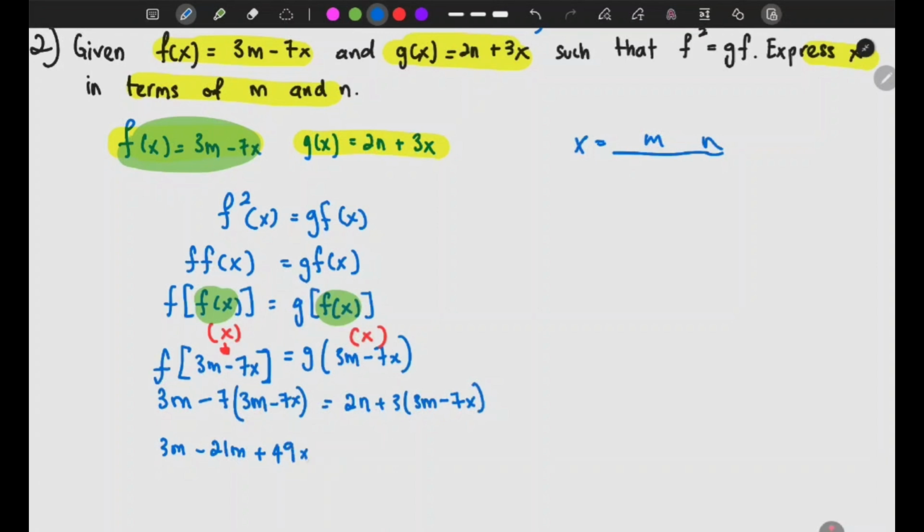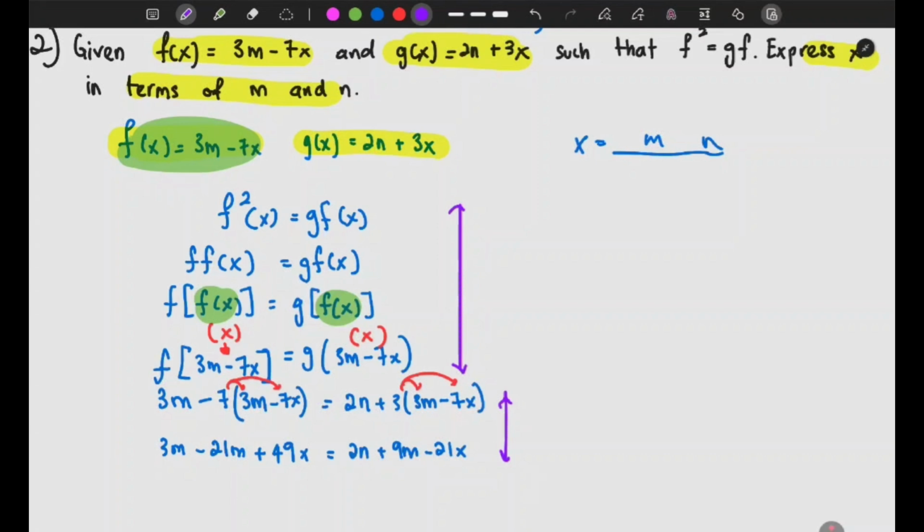You just need to multiply, just your normal mathematics after this. Did you realize from this point, only this part is your Add Maths? And after this is just your simple, basic mathematics which you learned in lower secondary. And after this, you want to express x, isn't it? So bring your x to one side and the rest to the other side.